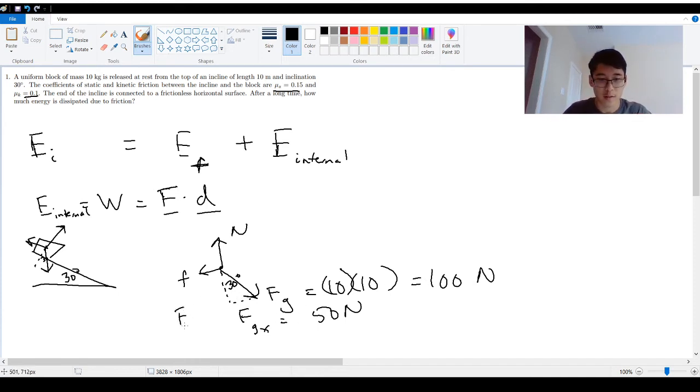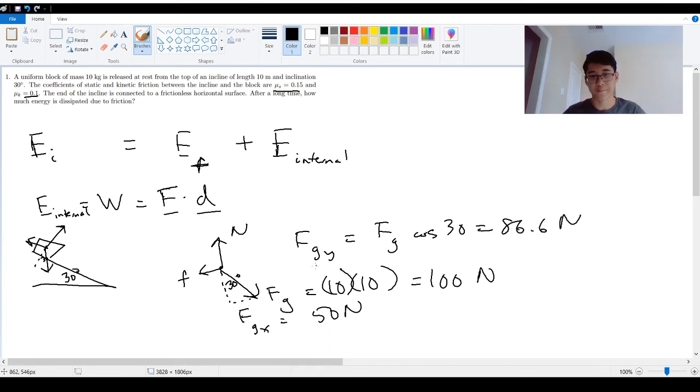And we also know that the y component of gravity, which is Fg times cosine of 30 degrees, is equal to 86.6 newtons, okay? Now since it's not moving in the y direction, the net force in the y direction has to be 0, which means that the normal force is equal to 86.6 newtons, right?